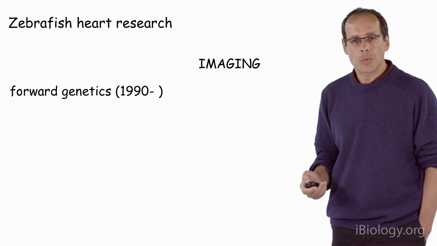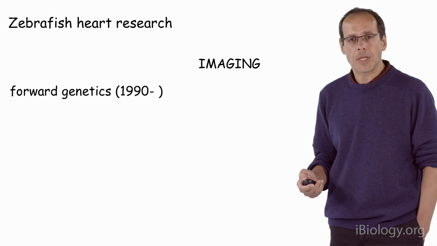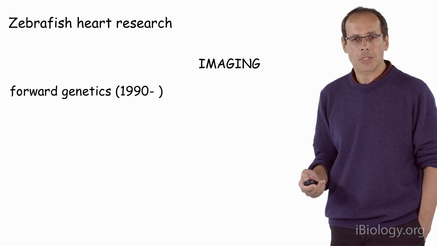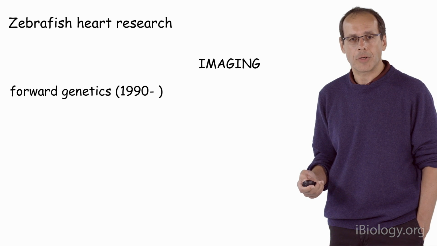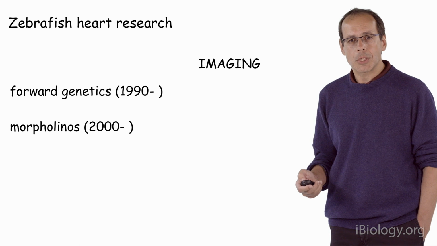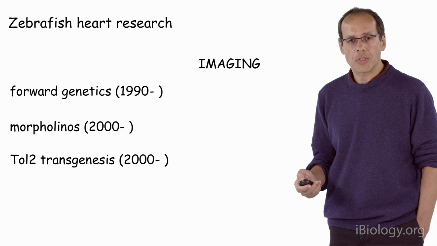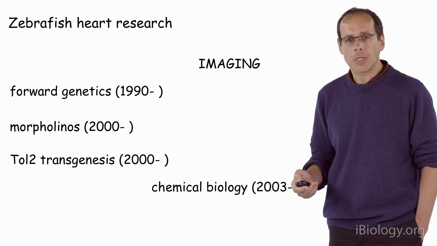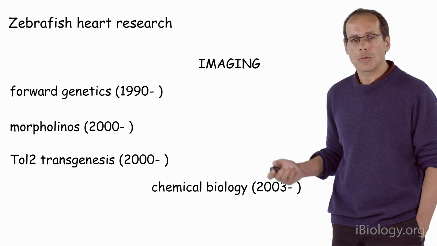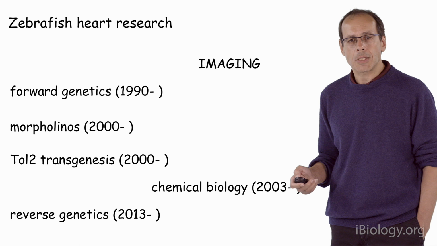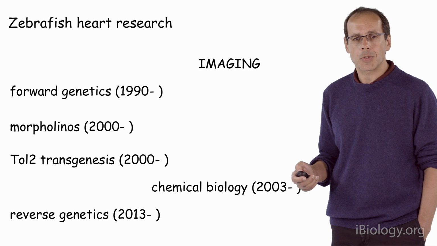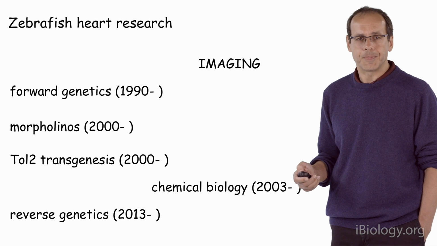As I mentioned, forward genetics was the main means by which people were identifying mutants and interesting genes that regulated the process of heart development and function. Morpholinos, which are modified, stable oligos used as antisense reagents, came about in 2000. We had very efficient transgenesis using the Tol2 transposon around the same time, then chemical biology, which we won't say very much about, around 2003, and then reverse genetics using zinc finger nucleases, TALENs, and CRISPRs, essentially just a few years old now.